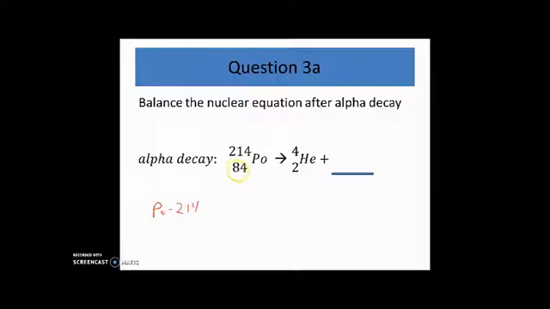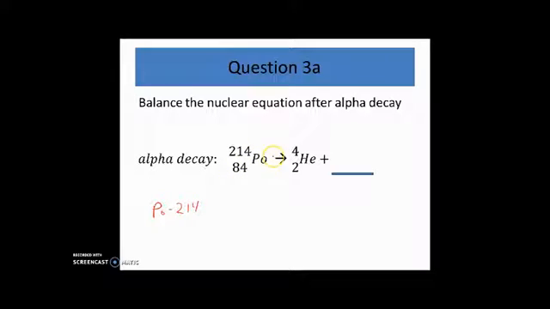Polonium is always going to come in with 84 protons, but it's going to have different numbers of neutrons, leaving you with a different atomic mass as a result. So polonium 214 just means that this is a specific isotope that has 214 minus 84, which is 130 neutrons.